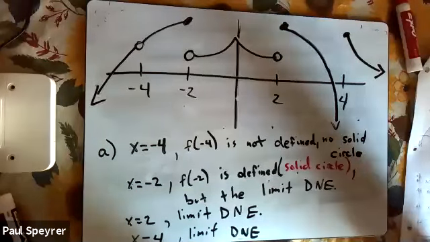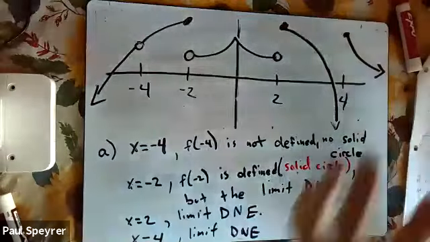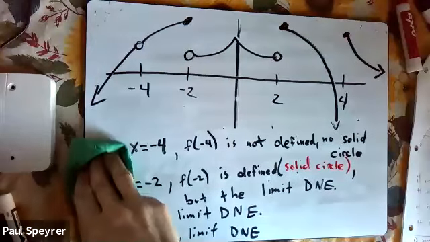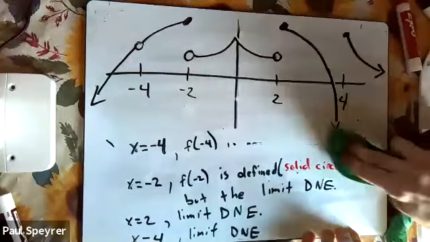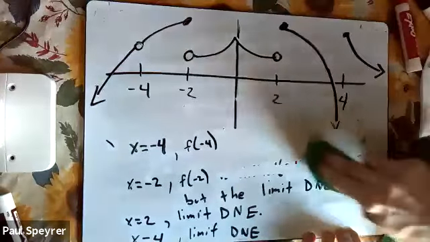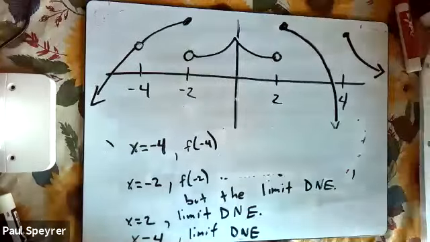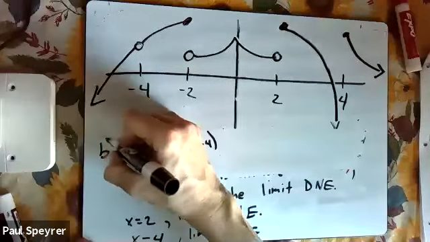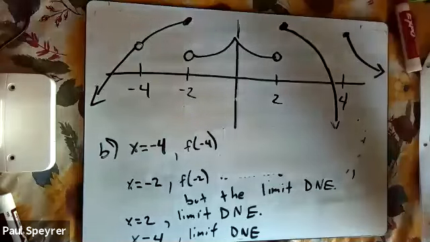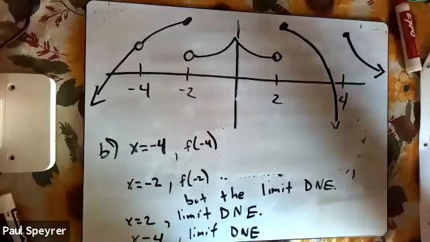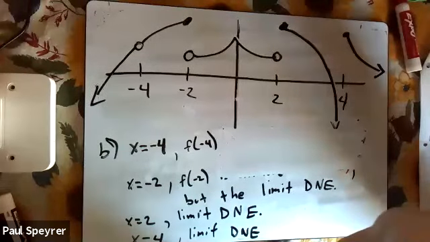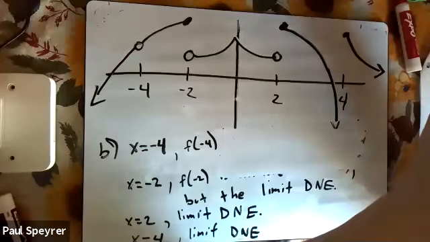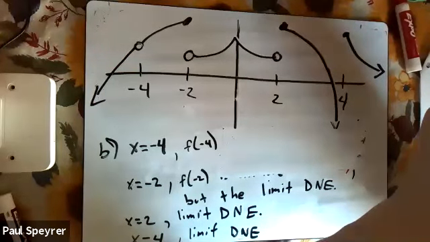Now for part B, I'll still keep the graphic there. Part B was asking for each number stated in part A, determine if f is continuous from the right, the left, or neither.